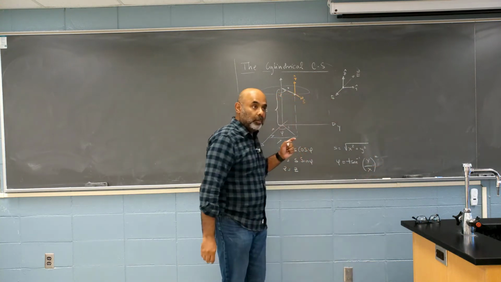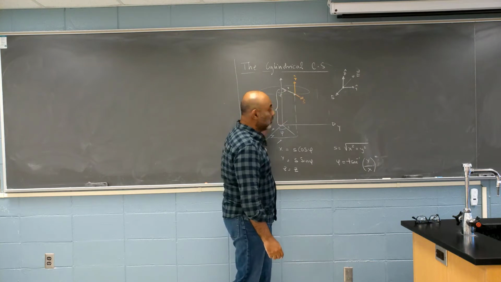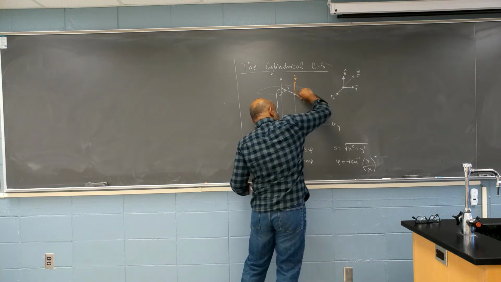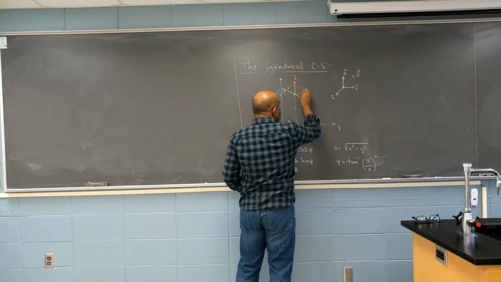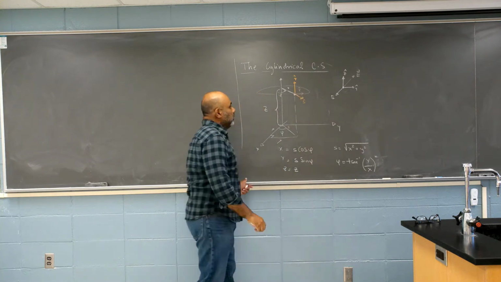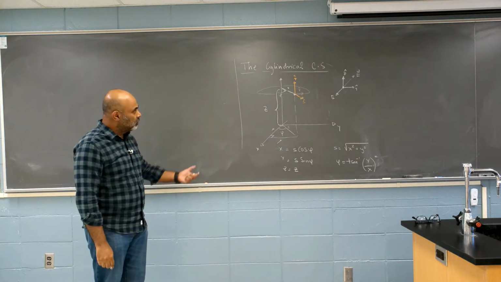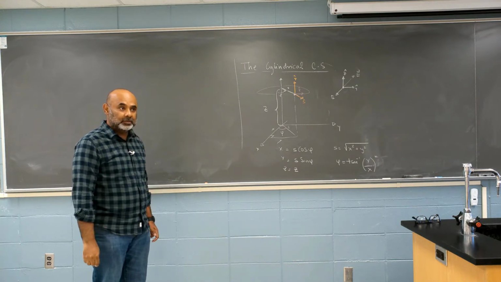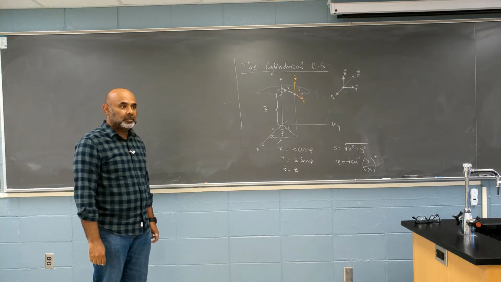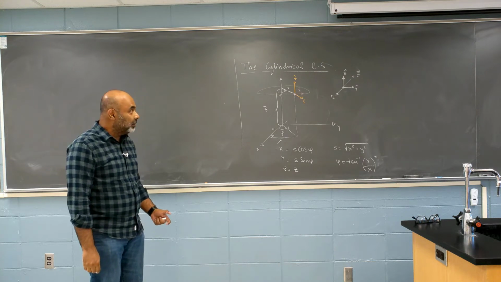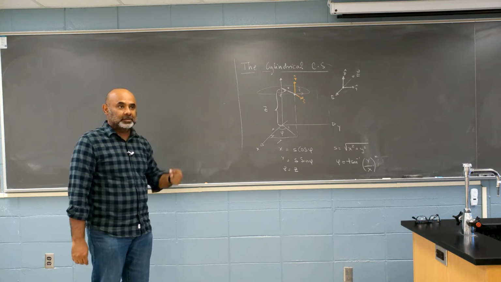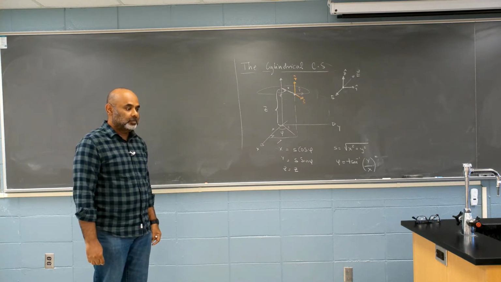Phi hat is tangential to this circle, pointing in the direction of increasing phi. Again, this is my not so terrible drawing of 3 unit vectors that are perpendicular to each other. Can you see it, everyone? Phi hat is tangent to that circle that I've drawn because that's how phi increases. Yeah?